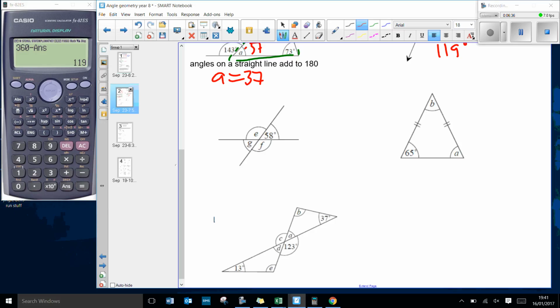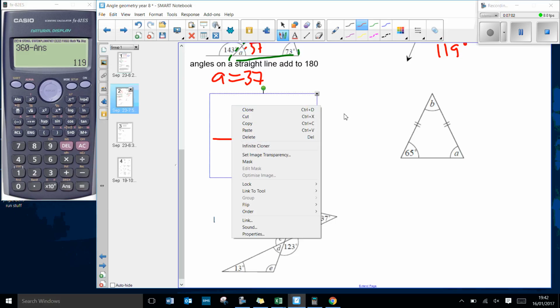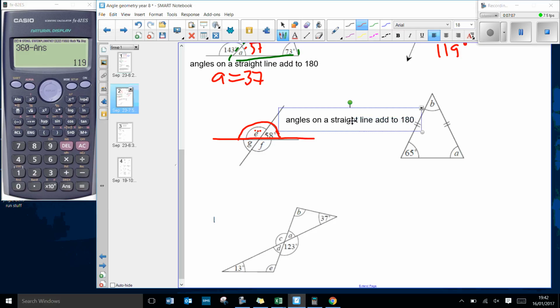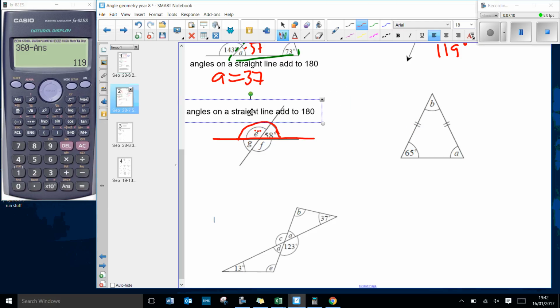So if we're trying to calculate E first, we don't have to look at the whole diagram, we can just focus on a part of it, and you can see that this here is a straight line, and on that straight line we know that angle E along with the angle 58 have to add up to 180. So there's our reason: angles on a straight line add to 180.